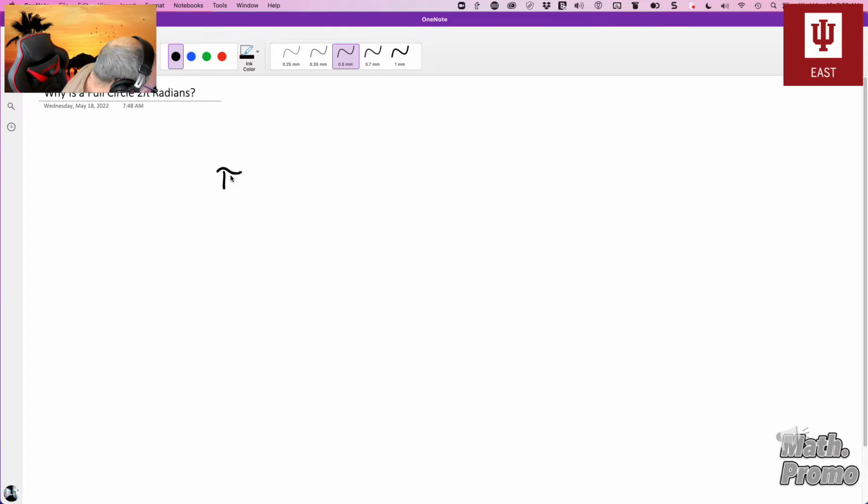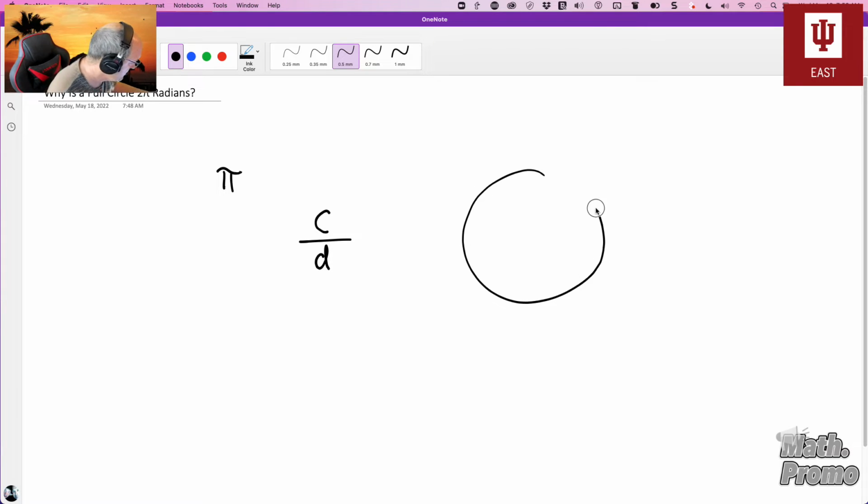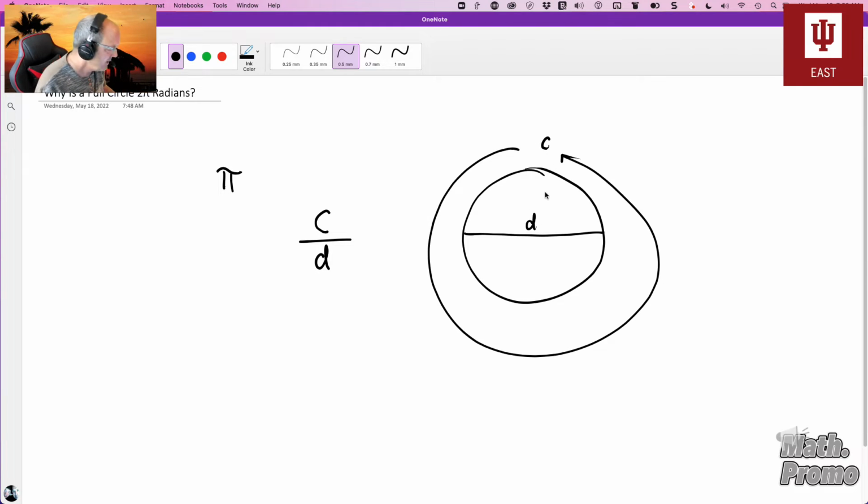Let's go ahead and make pi black. What is pi? Many years ago, somebody figured out that every time you took the circumference of a circle and divided it by the diameter, so here's your diameter, and your circumference is all the way around, you got this really weird number.